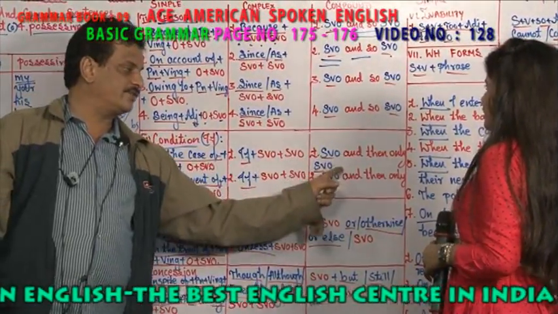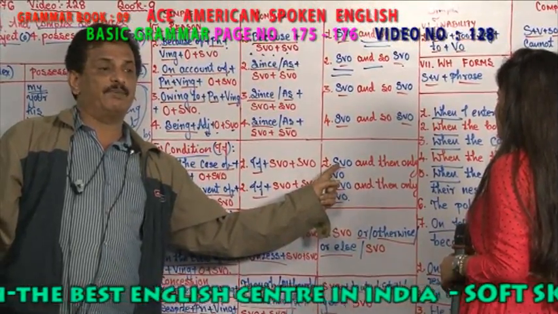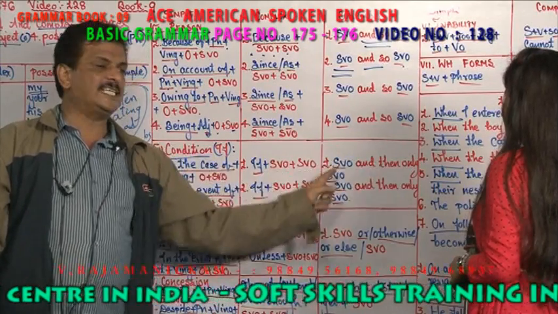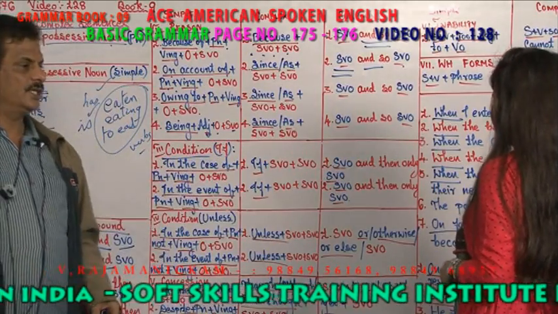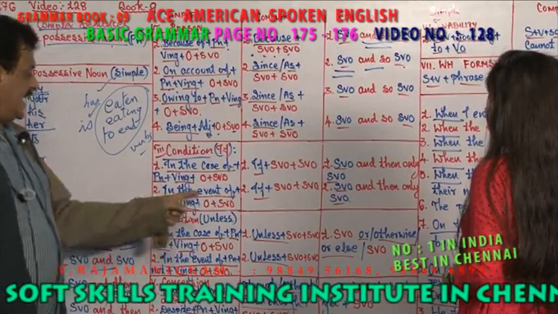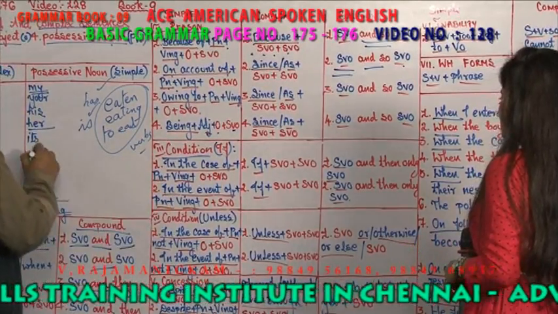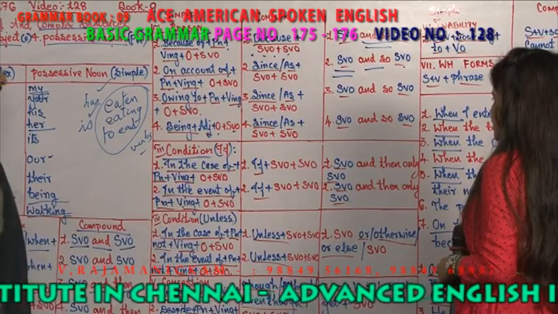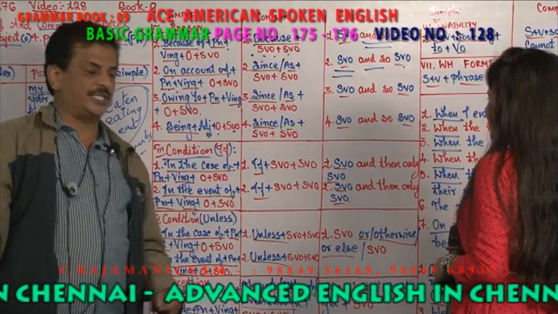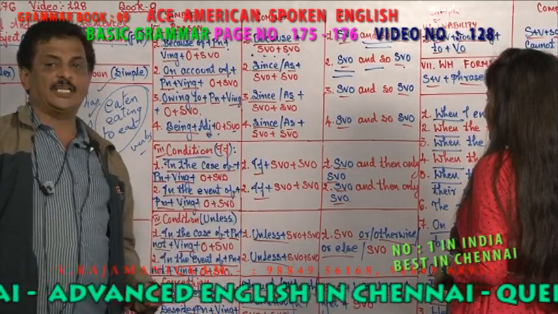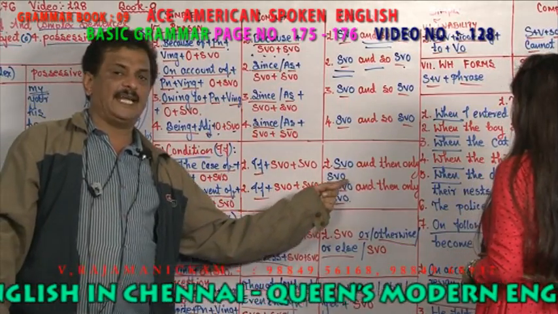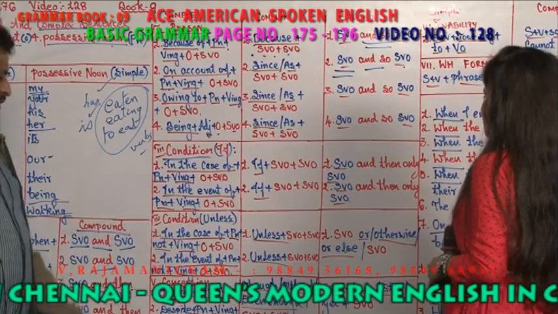She will win the election and then only she will bring good projects. In the event of our winning the election, we will bring good projects. If we win the election, we will bring good projects. We will win the election and we will bring the good projects.